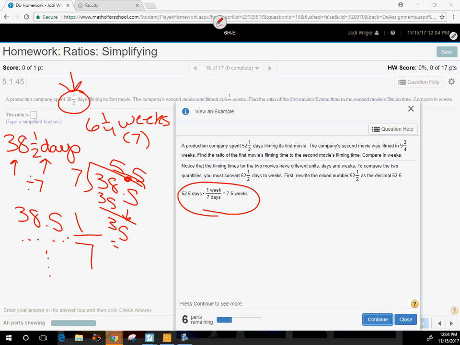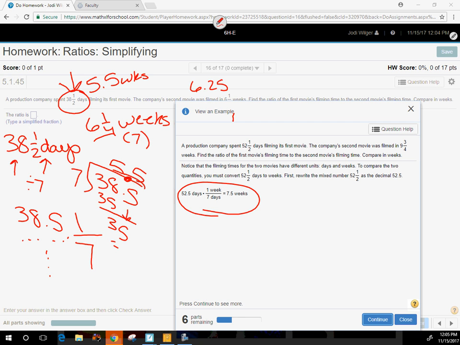Works out nicely. If you don't have yours converted yet, just push pause and catch up. I'm going to take a note up here. That is 5.5 weeks. And this one over here was 6 1/4, so I'm going to go 6.25 weeks.